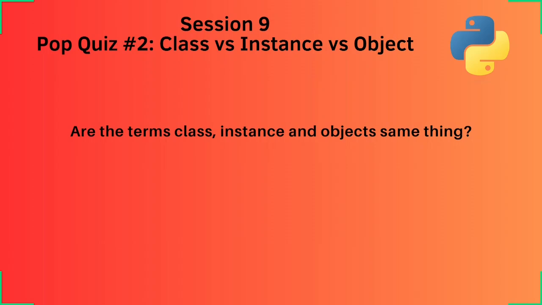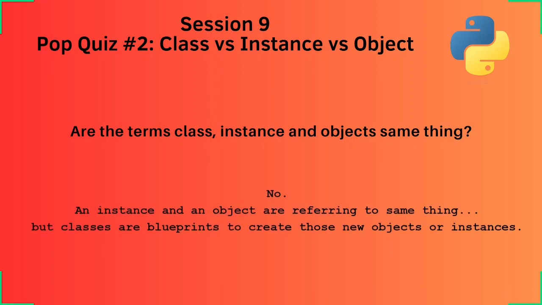So how do we distinguish, or is there any distinction between classes, instance, or an object? Are the terms the same? Well, there should be, because we just said everything is an object, right? Okay. Anybody else? I think class is the instance and objects are the subset of the class. Okay.